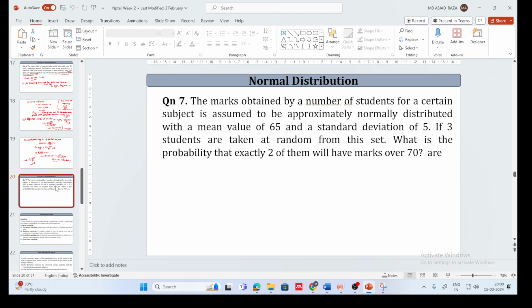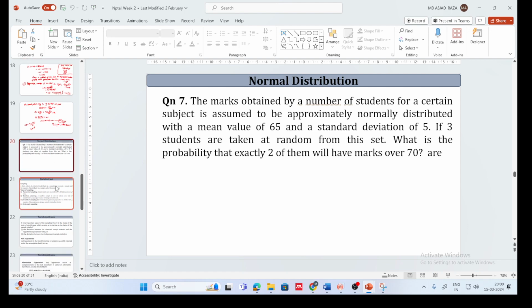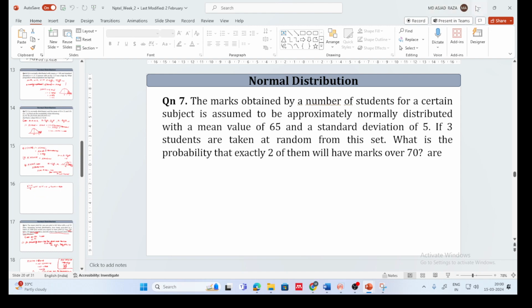Actually, this question is for normal distribution, no? Okay. I will upload the answer in that drive folder, or maybe in the next session. Anyone?